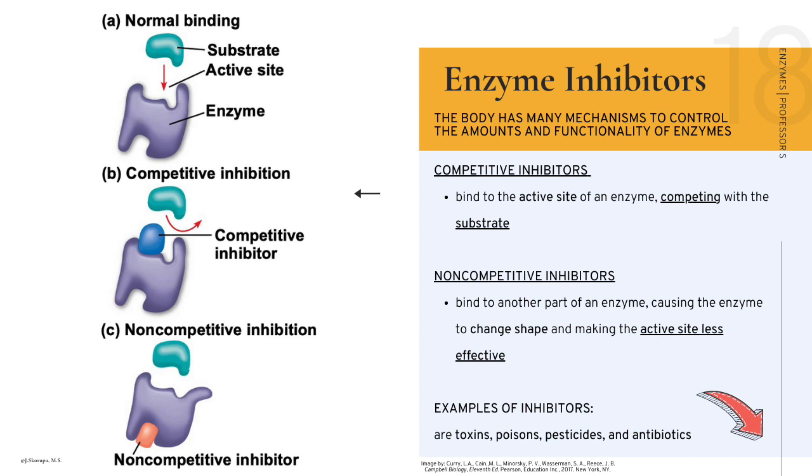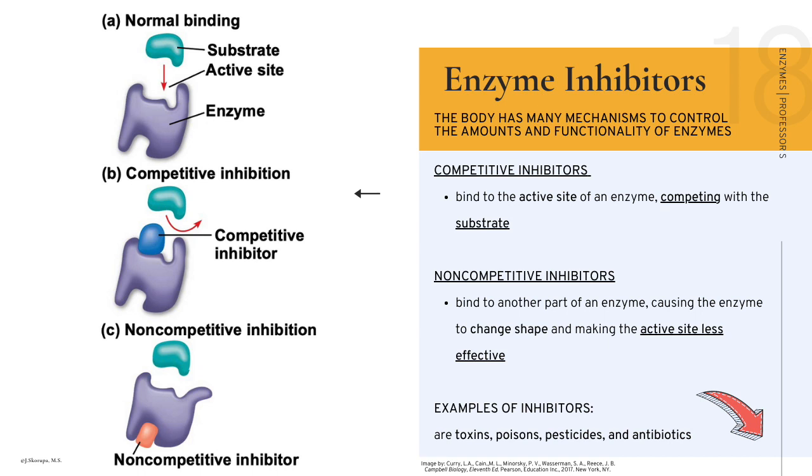Image B shows competitive inhibition. Competitive inhibitors bind to the active site of an enzyme, competing with the substrate and ultimately blocking the substrate from binding and therefore inhibiting the reaction. It's called competitive because the two molecules are competing for access to the same active site.